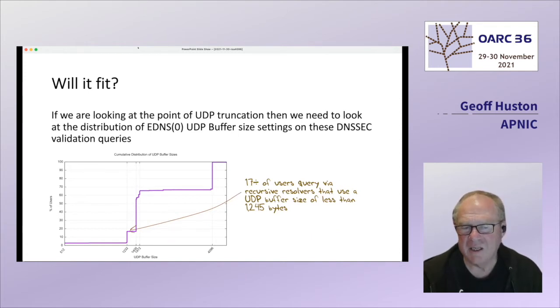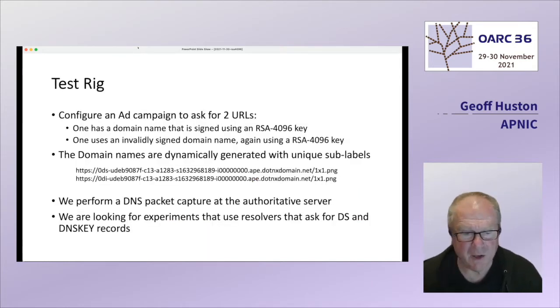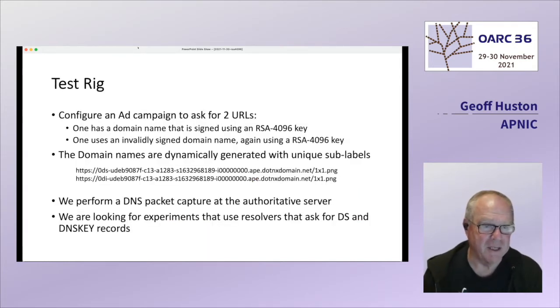So this larger key will have a time impact for around 17% of users, as far as we can tell, give or take a bit, because the user might be using more than one resolver. But you notice there the jump points 1232, 1400, 1472, and 4096 appear to be the 4 major UDP buffer sizes at the moment in DNS.